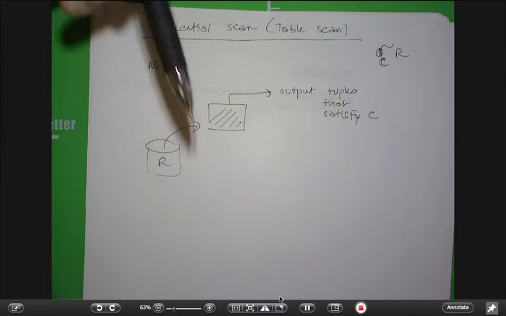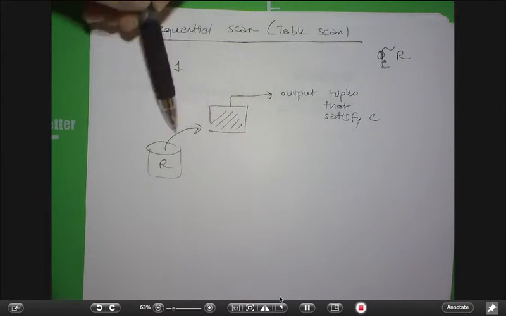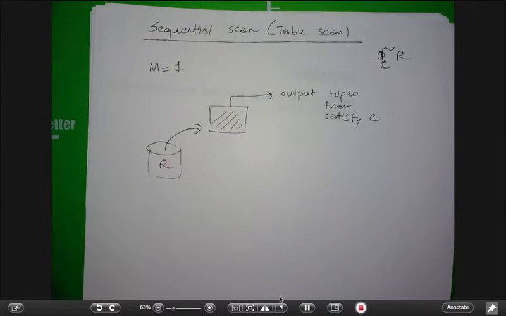And if there isn't, I will continue doing this until either I finish this or I find a tuple. So the getNext is going to actually continue reading these pages until it finds one tuple that will be in the output. Okay? So this is the general idea of getNext.